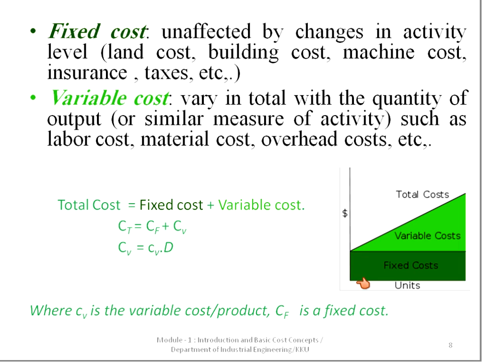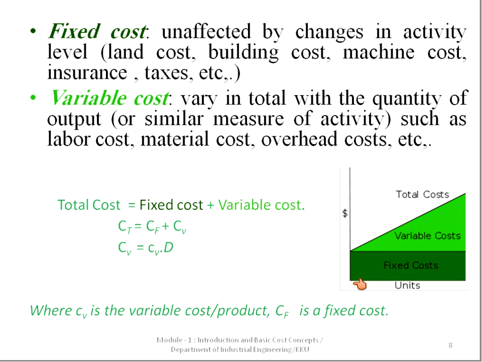So when units increase from 0 to 5, 10, you look into the variable cost, it's increasing. Why? Because one product needs some materials, some labor, some electricity. One product is consuming material, labor hours, machine hours, electricity, and all these things. So if one product is consuming 5 Saudi Riyal, 2 products will consume 10 Saudi Riyal. If you produce 3 products, it will consume 15 Saudi Riyal.